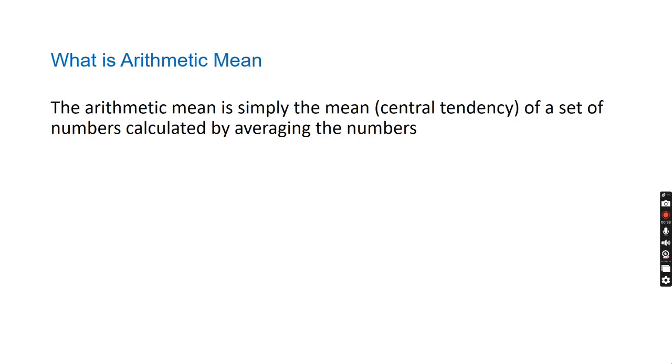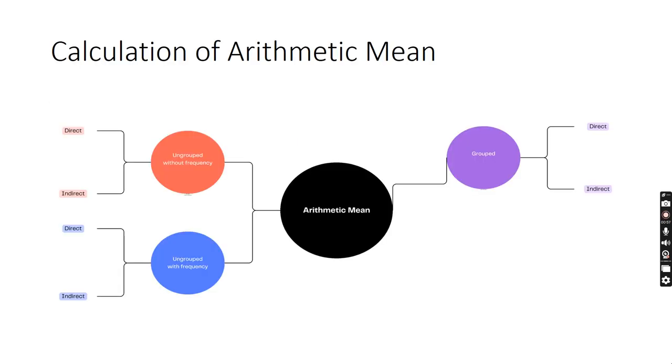Before we understand group data, I will simply summarize that arithmetic mean is an average of the numbers in a data set. It signifies the central tendency around which most of the observations would cluster. So it becomes an important measure to summarize the data.